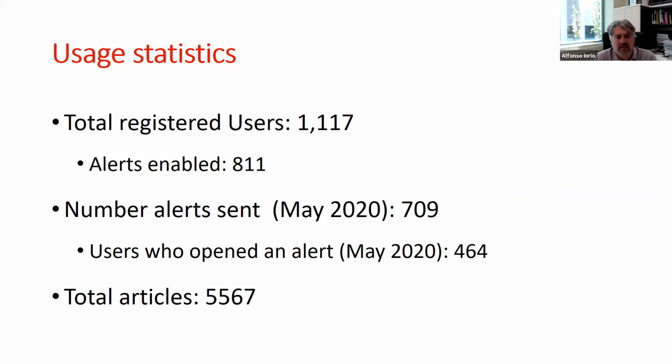So the number is there, 700 emails sent, but the user receives only the pieces that they need. So it's not contributing to the infodemic like COVID, where you open the email and you have 10 on COVID on the first page. Not saying that's not important, but we are trying to only funnel what is really needed.